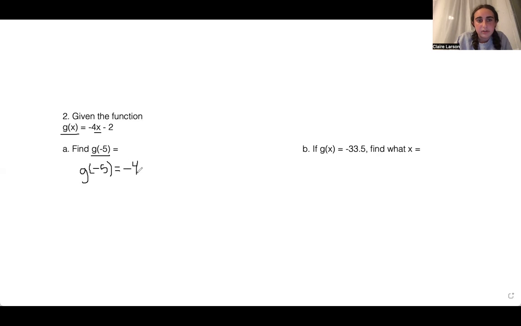So negative 4 times negative 5 minus 2. So we're going to keep writing g of negative 5 equals negative 4 times negative 5, 20, minus 2.